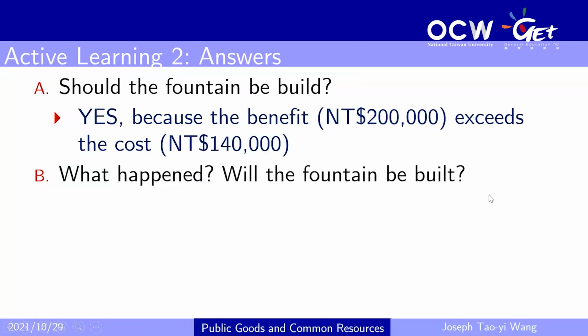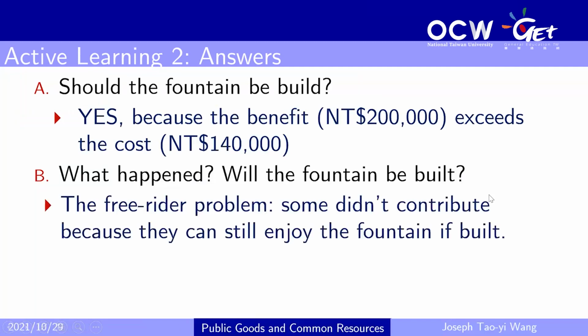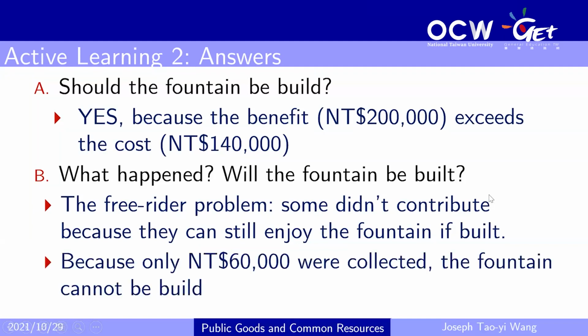But what happened was there's a free rider problem here that people don't pay, because if the fountain is built, you cannot exclude me from entering the park to enjoy the fountain. But why should I pay? I mean, there's incentives to free ride. And because only 60,000 NT dollars was collected from this free donation, too bad, the fountain cannot be built by the community.